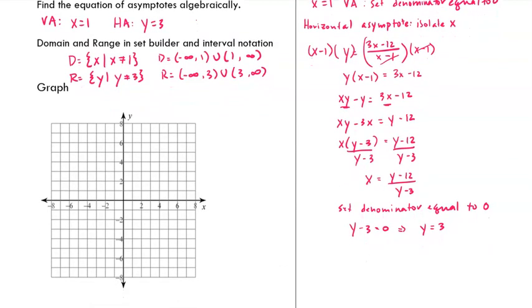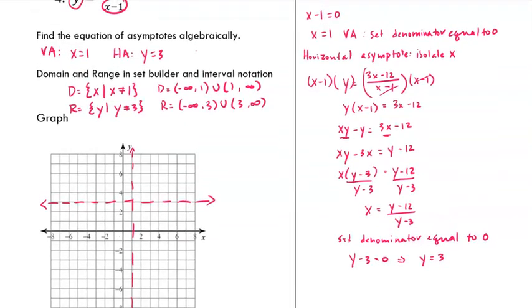Let's go ahead and graph our vertical asymptote, and then the horizontal asymptote. And then let's just put some points in.